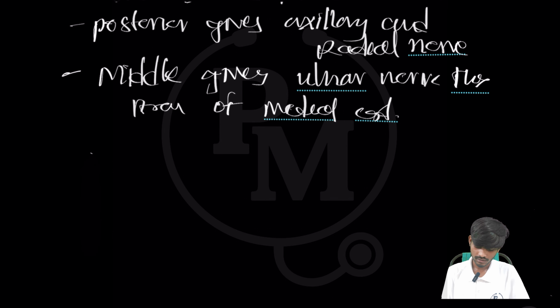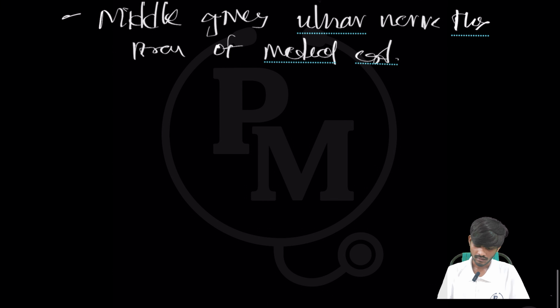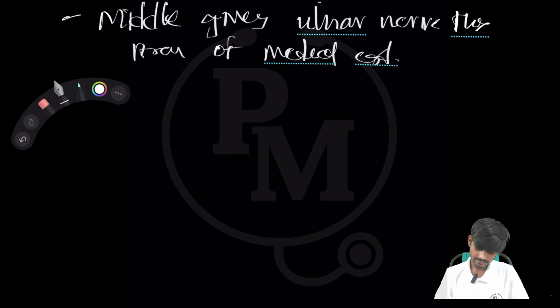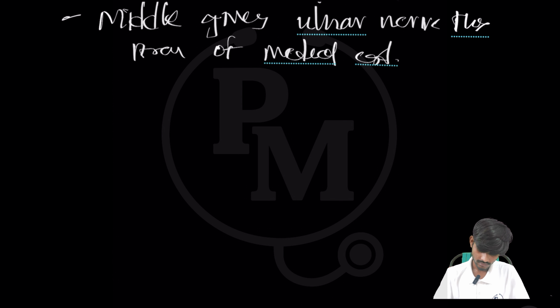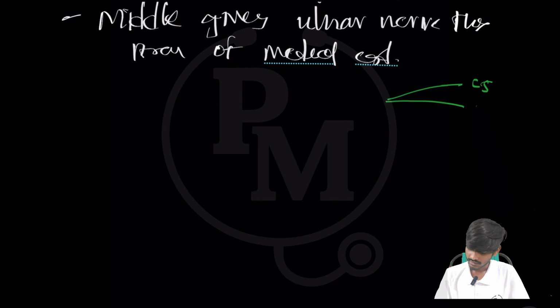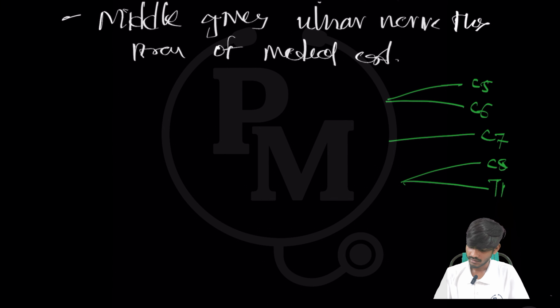Let's see by drawing how the brachial plexus forms. C5, C6, C7, C8, T1.